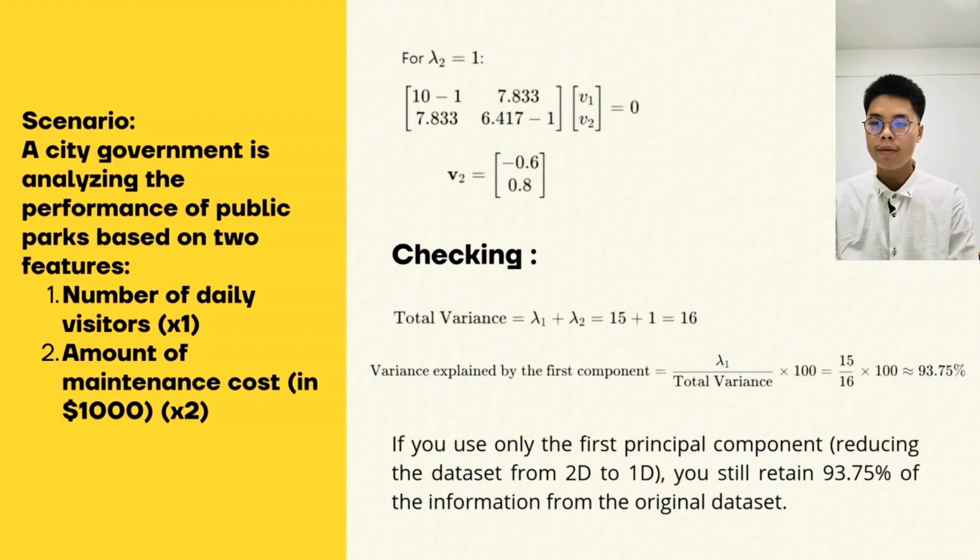Let's try the first component. For the first component, lambda 1 is 15, divided by 16, times 100. So we get 93.75%.